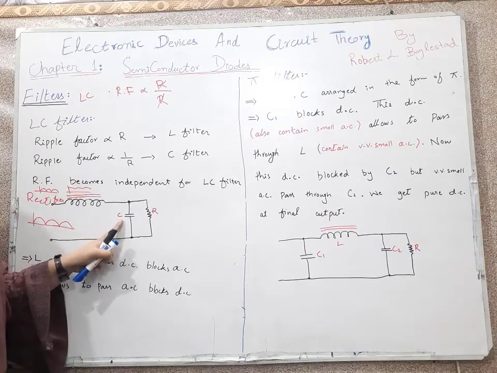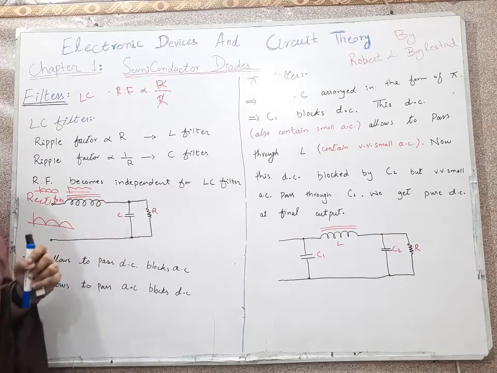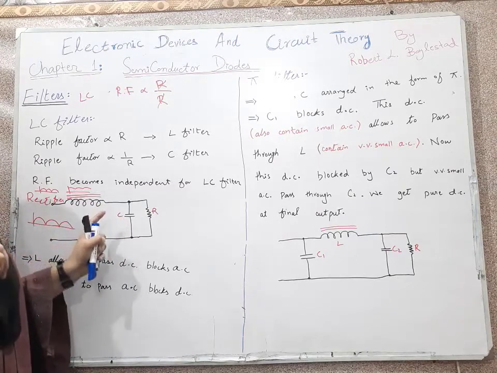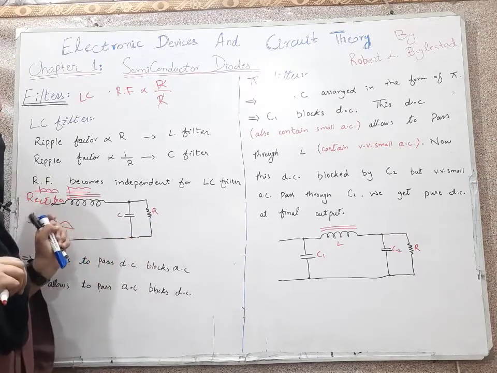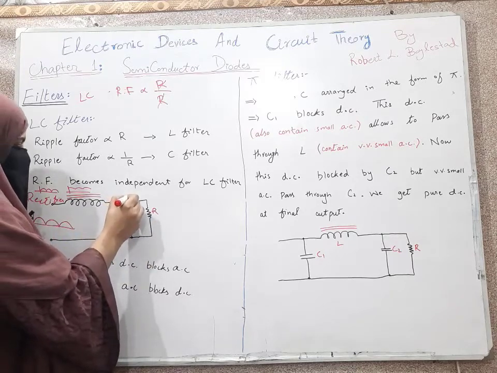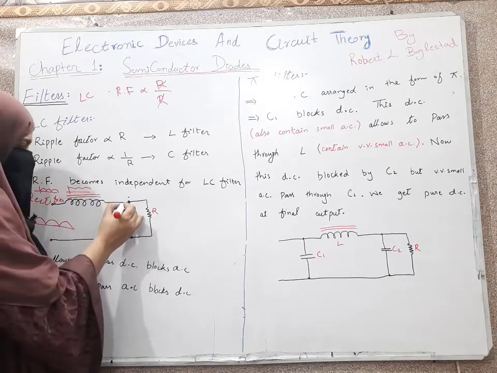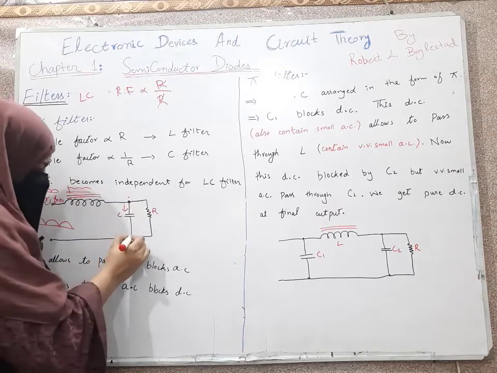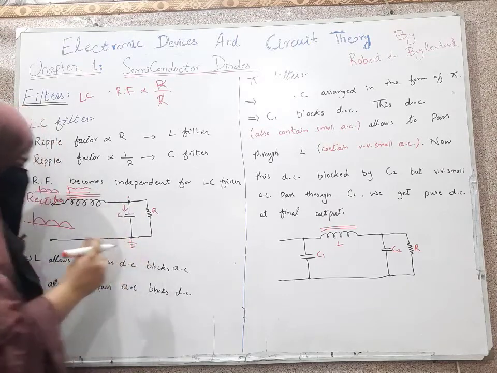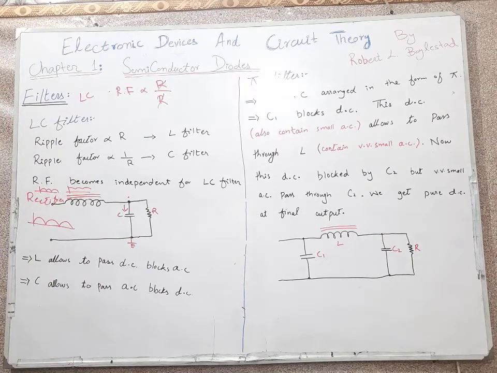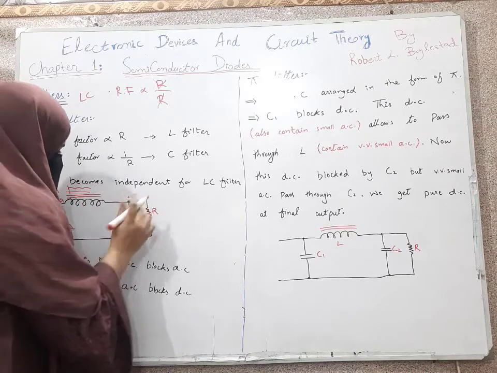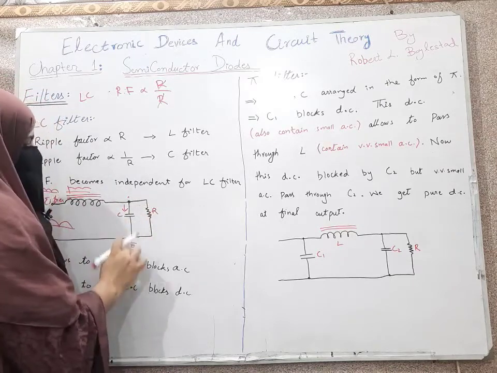Now the function of the capacitor is to pass the AC component and block the DC component, and it is connected in parallel to the load resistance. So here we will have the DC component and a very small amount of AC component. These AC components will pass through this capacitor and will be grounded here.